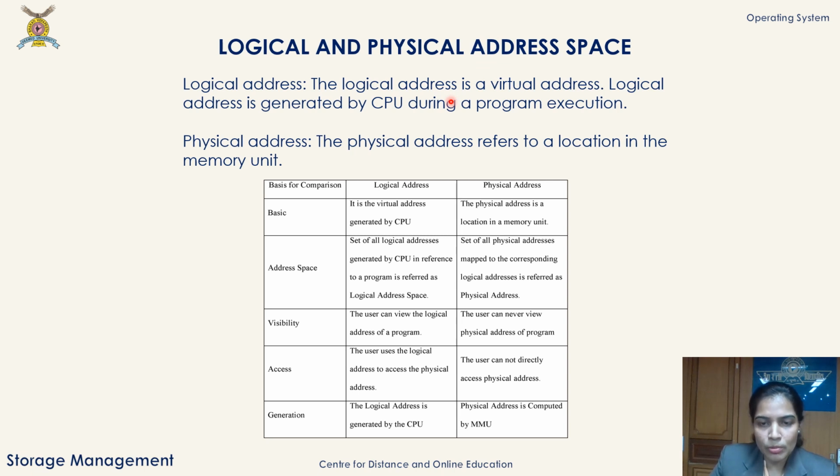When the CPU program generates a logical address, it is mapped to the corresponding physical address by the hardware called the memory mapping unit. What is a physical address? It refers to the actual location in the memory unit. With this table, we can see the comparison between logical address and physical address.